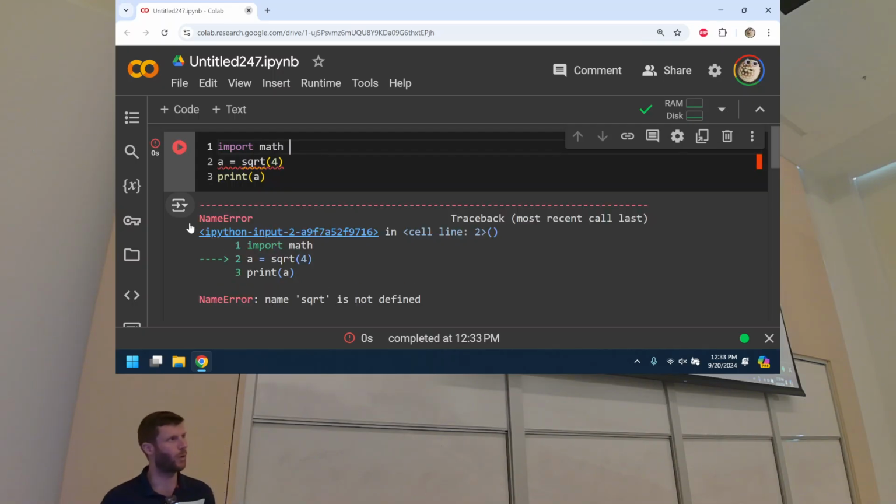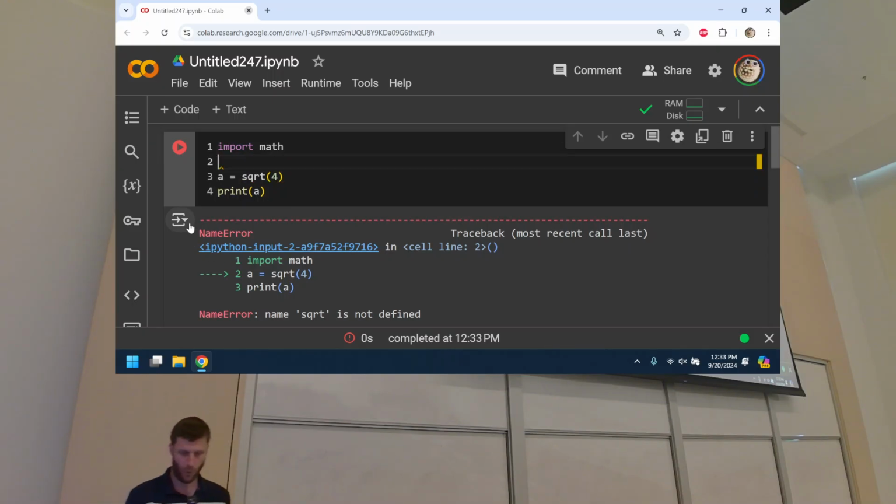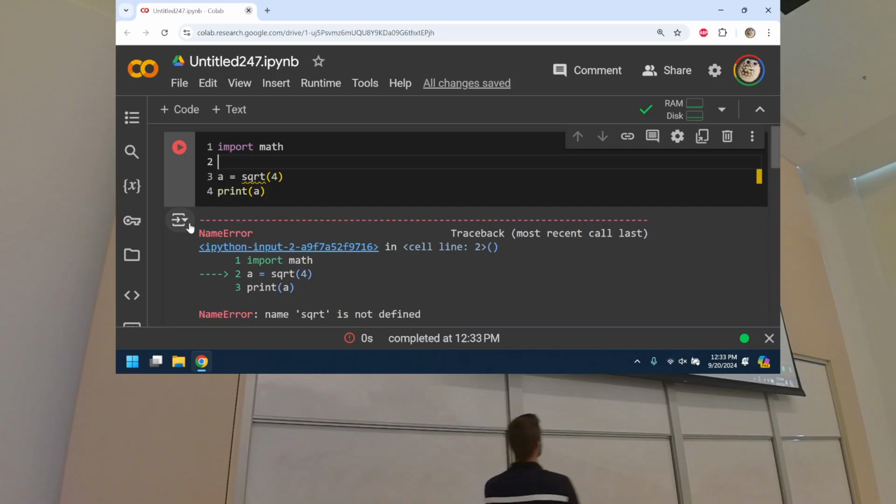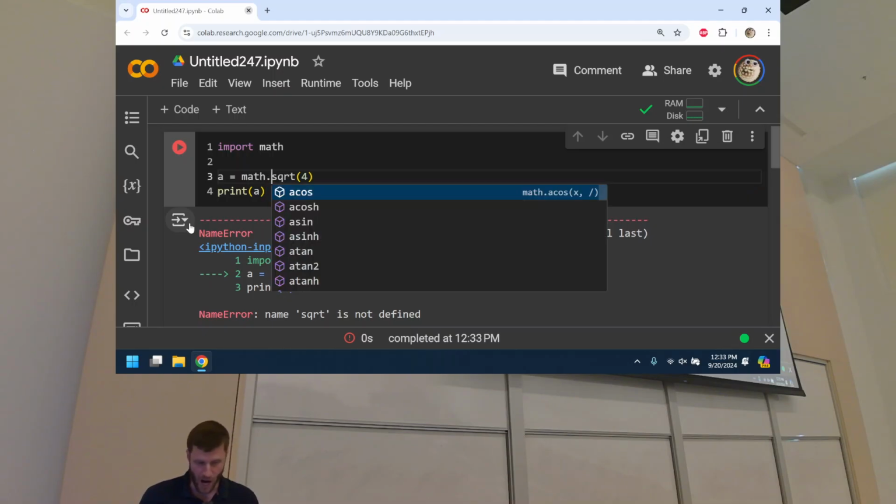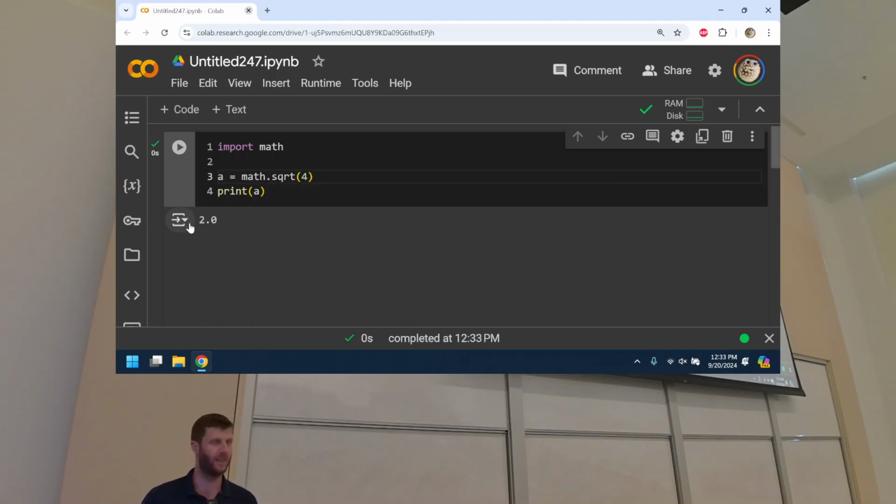But that's still not quite right. I've imported math, but I still can't use square root. Well, that's because the square root function isn't just here. It's in math. It comes with math. So in order to use it, we would say math dot sqrt. And there we go.